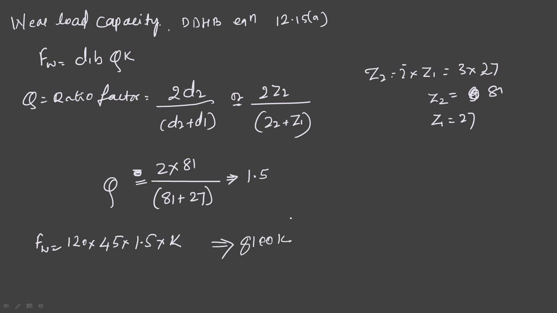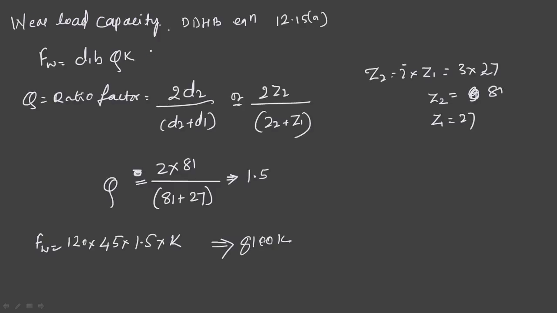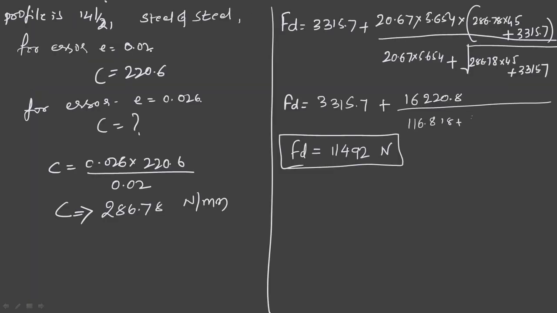Okay. So now for safe design, what is the condition? For safe design, the condition is FW should be greater than or equal to FD. So now 8,100K equal to how much you got for dynamic load? 11,492.